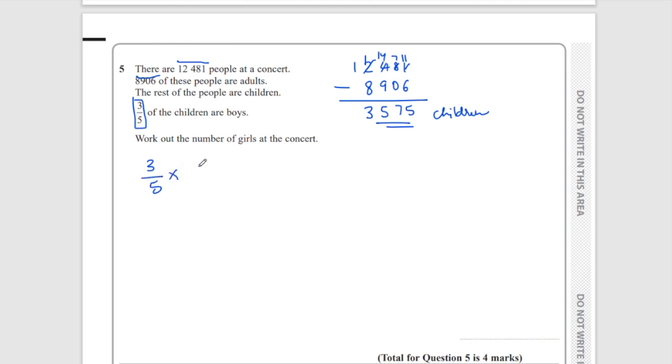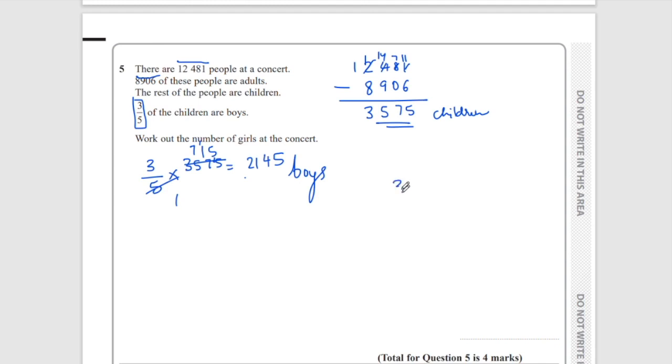3/5 of the total number of children are boys. Simplify. 5 times 7 is 35, 5 times 1 is 5, remainder 2, 5 times 5. So 3 times 5 is 15, 3 times 1 is 3, 4, 7 times 3 is 21. 2,145 boys are there.